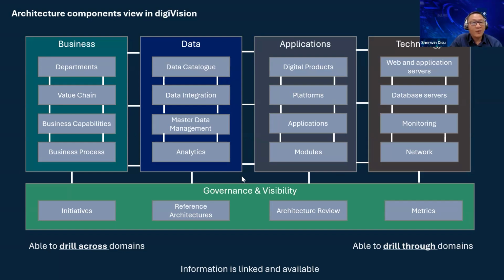So let me now zoom into the application architecture layer by sharing how we have organized the digital solutions of ADB into digital products. We will also delve into how we are managing integration artifacts to describe how the digital products are interlinked with one another and how we are driving the reuse of APIs and common services.